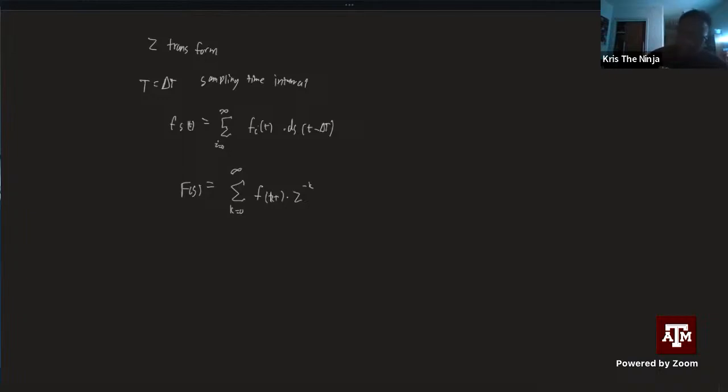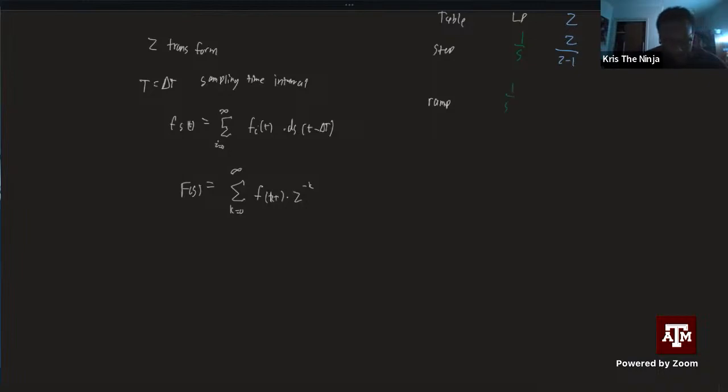There's a table, and I think that'll be the last thing I do unless I do an example. If y'all ask me for an example, I'll do an example. But here's the table. You got a step function. Your Laplace is 1 over s. Your z is z over z minus 1. You have your ramp function. Laplace is 1 over s squared.